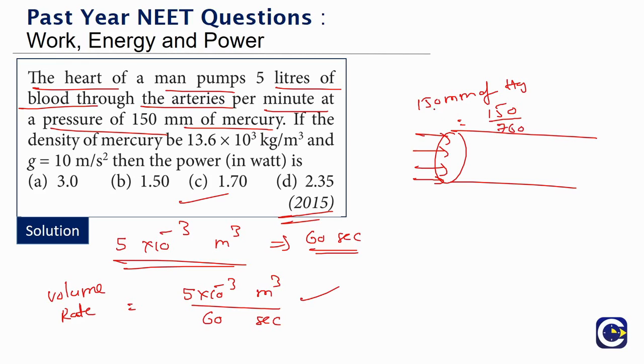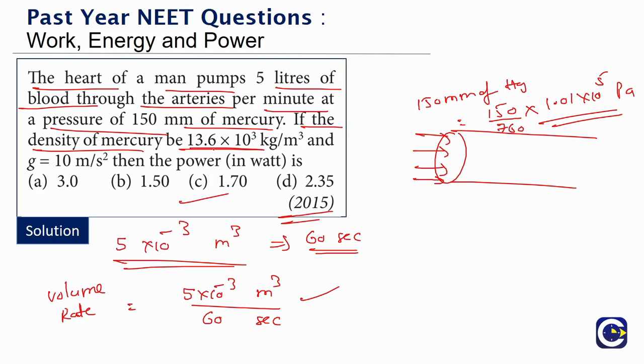If you divide 150 by 760, we will get the pressure in terms of atm. We have to multiply this with what? 1.01 into 10 power 5. That will give the pressure in terms of pascals. Because we are trying to have everything in the SI system, right? We are converting this mercury pressure into the pascal. For that only they have given this.